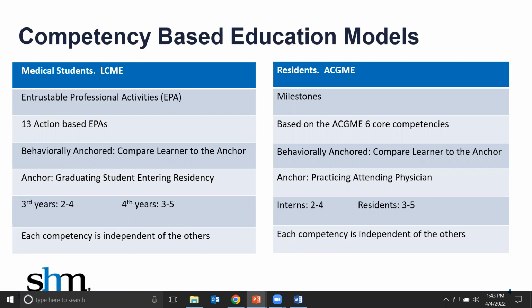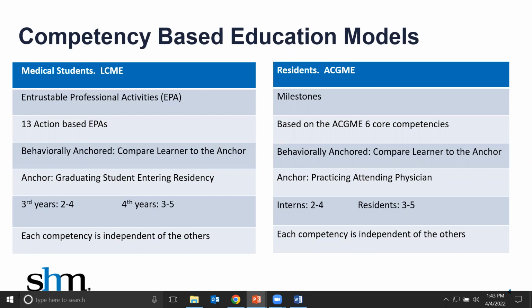So most of the evaluations are really designed based on competency-based education models. And for medical students, they're governed by the LCME, which is the Liaison Committee for Medical Education. And for the residents, it's the ACGME. Those are the governing bodies that really talk about what a learner should learn by the time they've completed their program.